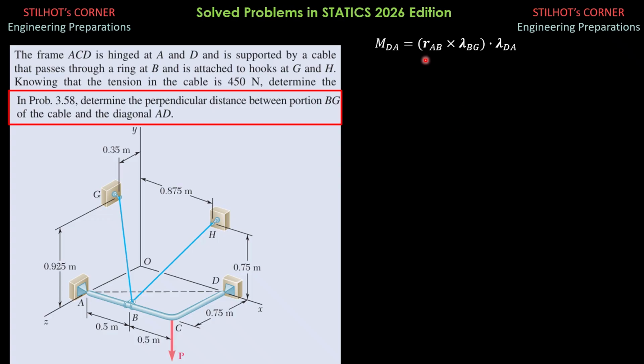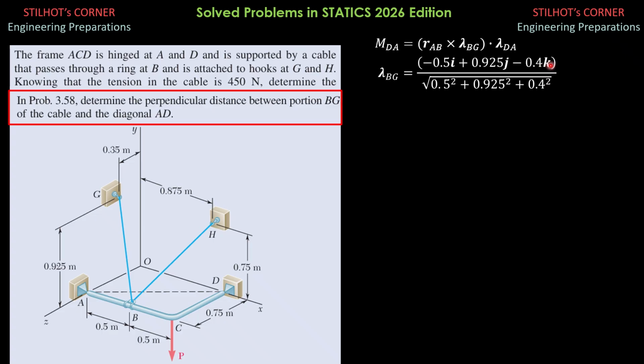If you expand that, RAB is simply 0.5 I. So I will not write it anymore. It's simple. Let's proceed to RBG. So RBG is quantity 1 Newton times the magnitude 1, going to the left by 0.5, so negative 0.5 I. Going upward by 0.925, so 0.925 J. Then move backward by 0.75 minus 0.35, and that's negative 0.4.